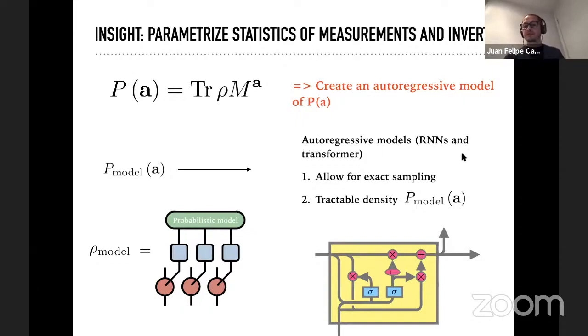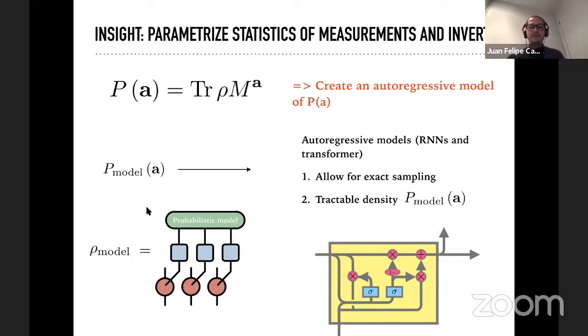So we will consider recurrent neural nets and transformers and so on. And as we said, we can have exact sampling, tractable density, and so on. And so the model for the density matrix is basically a probabilistic model, a neural autoregressive model, contracted with some tensors, which handle, if you want, the quantum part of the quantum state.